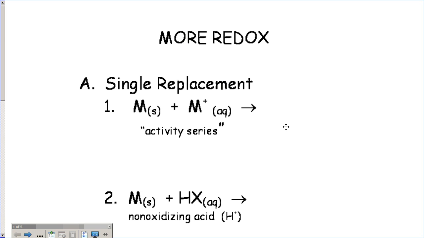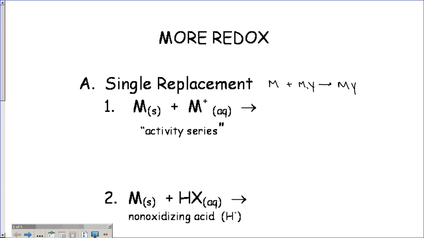So what you need to take notes on now are some other redox reaction predictions that you want to think about. We'll start here with what we called last year single replacement. These were metal displacement reactions.